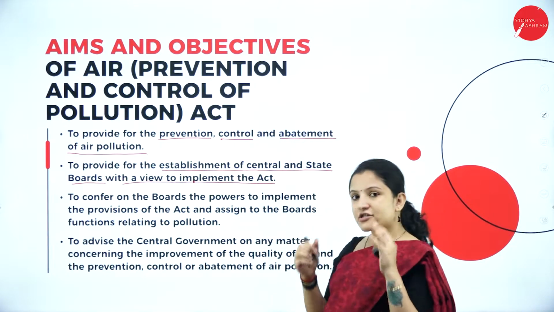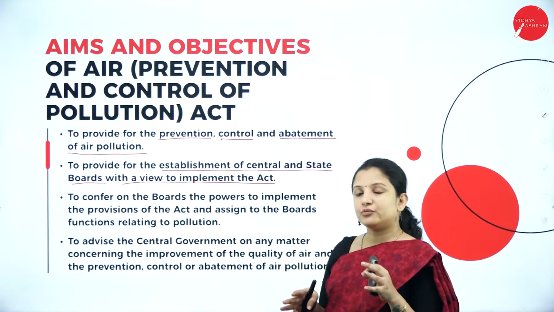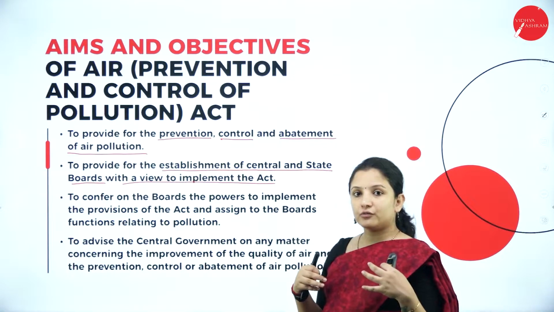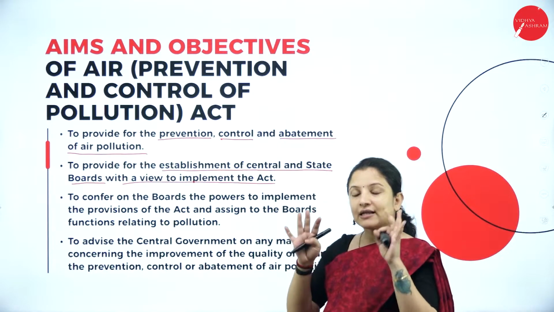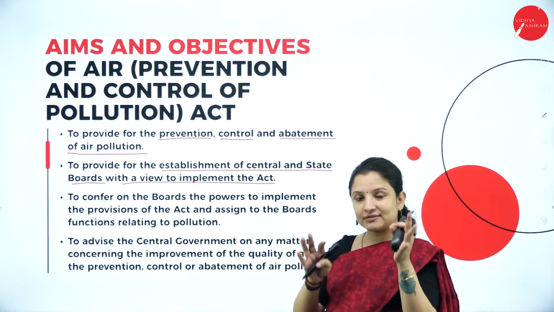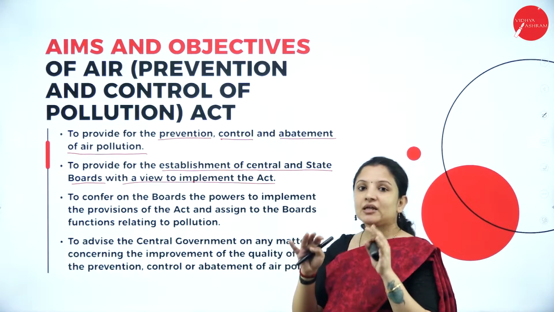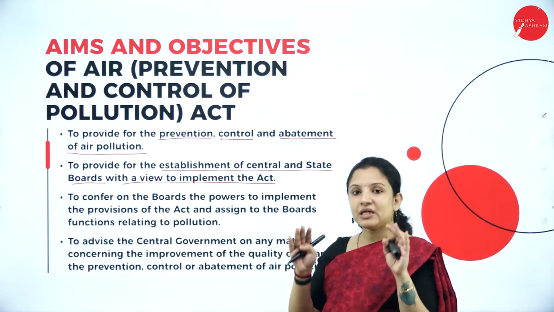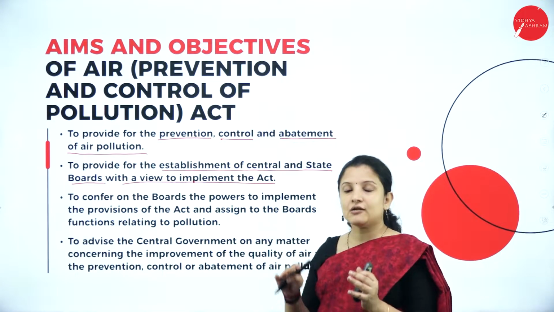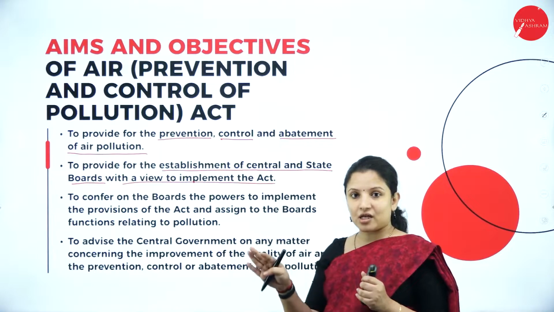The function of the Central Pollution Control Board and the State Pollution Control Board is to make sure that in their area, be it the center or the state, the act is being implemented and people are being punished accordingly for the pollution that they create in the air.